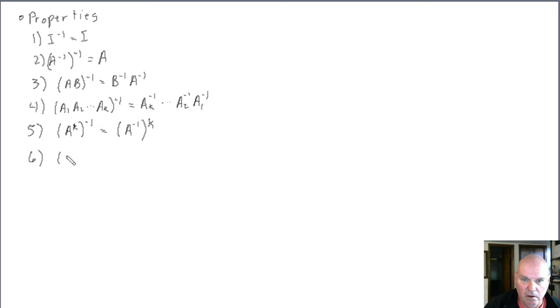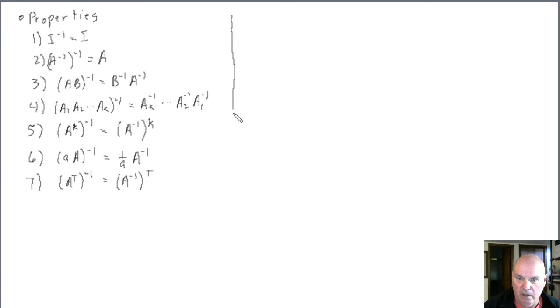The inverse of a scalar times a matrix, where A is just a number here, is equal to 1 over A times the inverse of A. And finally, the last one I'll list here is the inverse of a transpose is equal to the transpose of an inverse. I'll work through an example problem in just a second, illustrating how you can use these properties to solve matrix algebra problems.